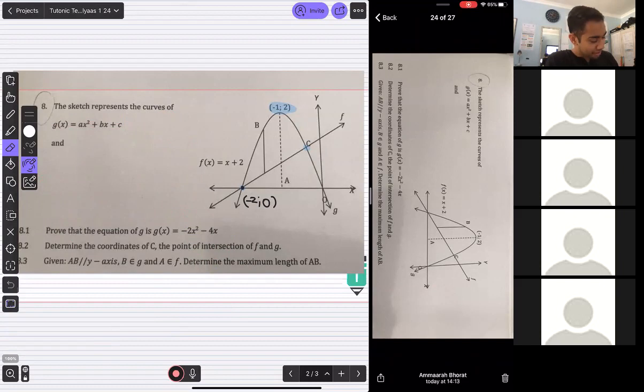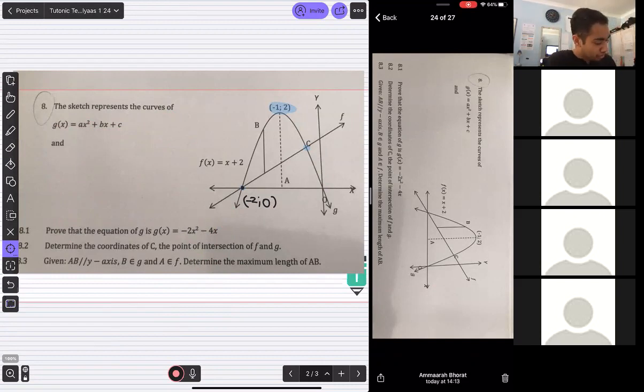When they tell you that c is naught, that means in English the y-intercept is at naught. Or if they tell you the equation of the graph is y equals 2x minus 4, and they don't give you a constant, you know the graph cuts the y-axis at naught, because c is naught. So you see, just by looking at the equation, it's giving you answers already. You guys see that, okay?